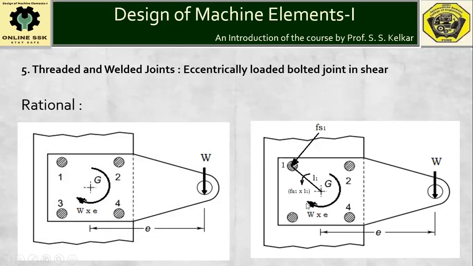Now here you can see, for deciding the direction of secondary shear force, one has to join the line between the center of the bolt and the CG. A line drawn perpendicular to the line joining the center of the bolt to the CG is the line of action of the secondary force.